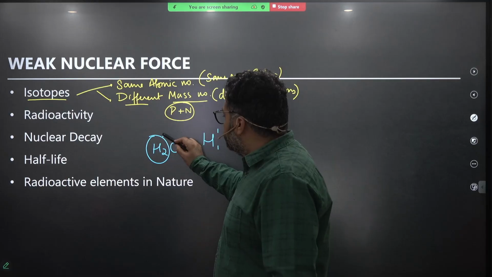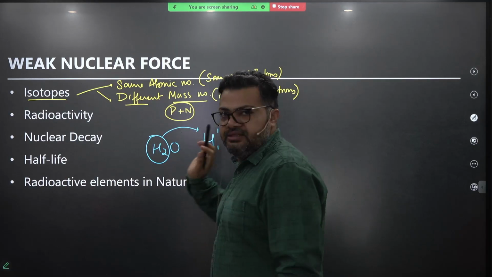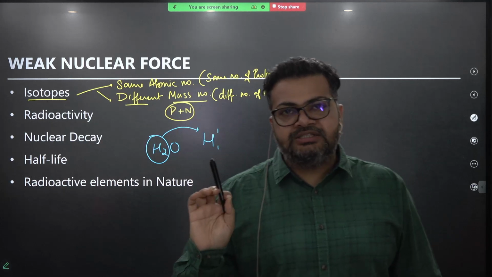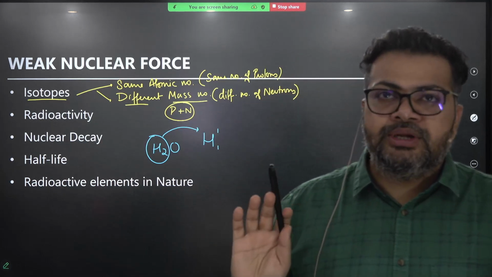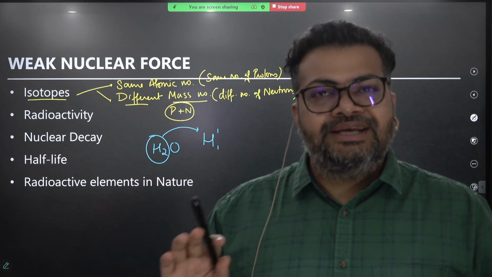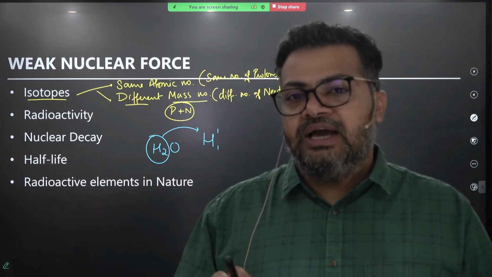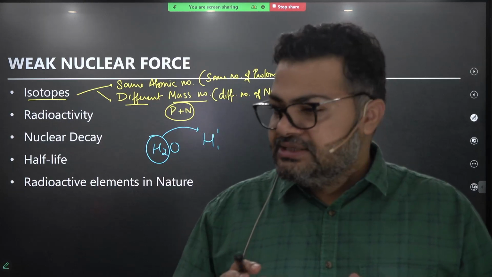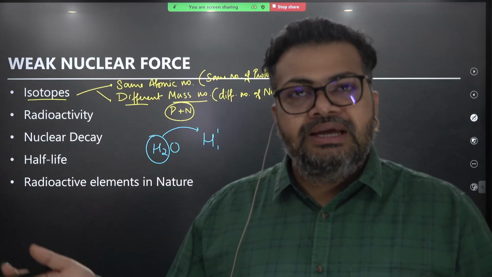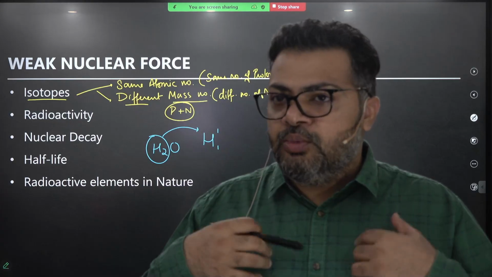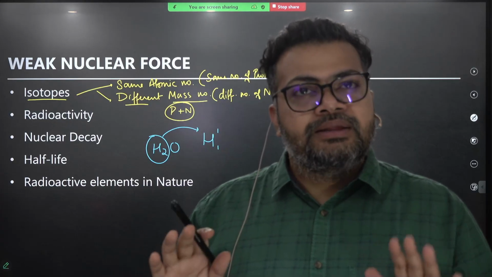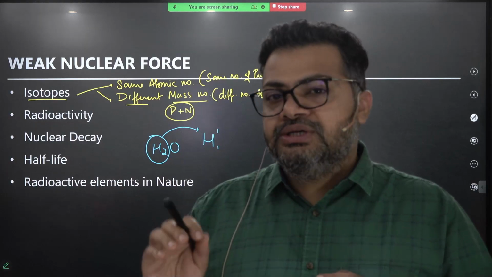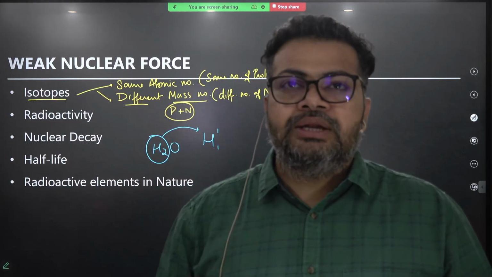This hydrogen is H1, 1 mass number, 1 atomic number. So H1 is basically the hydrogen that we have in our water. It is the hydrogen that is found in the form of water, and in our body as well. Got it, all of you? This is the hydrogen, atomic number 1, mass number 1.